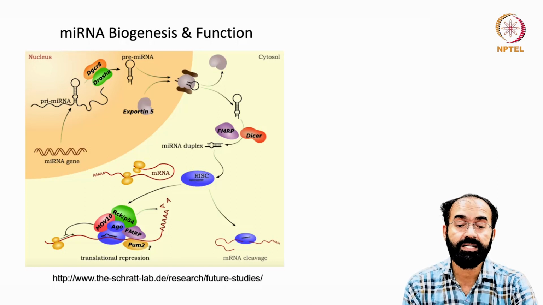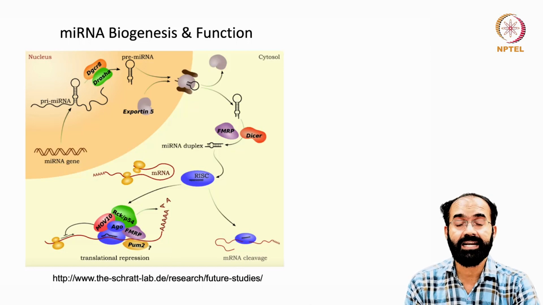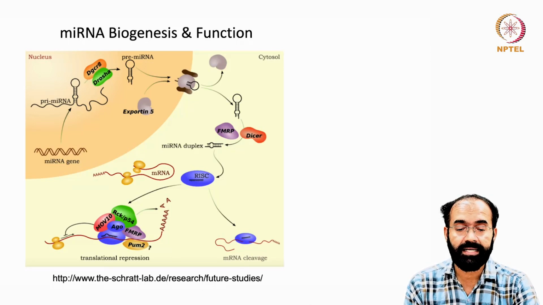In the cytoplasm, the exportin is released back because of the RAN-GTPase cycle, and this pre-microRNA is acted upon by Dicer along with another protein, FMRP, and you end up getting a microRNA duplex which is 22 nucleotides in length, and this can assemble into the RNA induced silencing complex, the RISC complex, onto mRNA species.